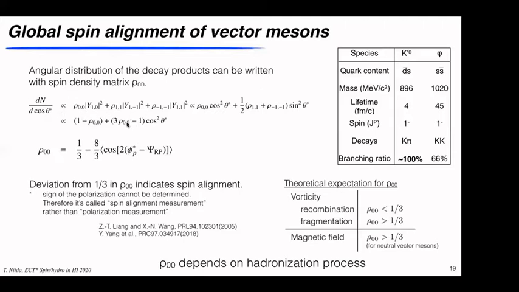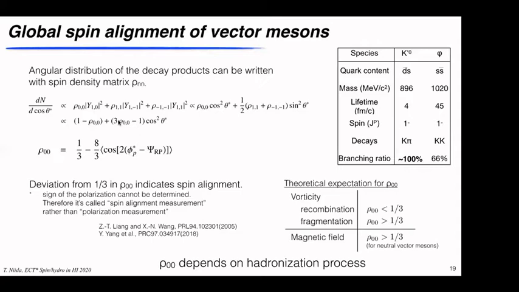So here, rho 0,0 is a diagonal element of the spin density matrix. Since the vector meson has spin 1, the possible states are plus 1, minus 1, and 0. And if the particle is not polarized, those states should be equally populated.